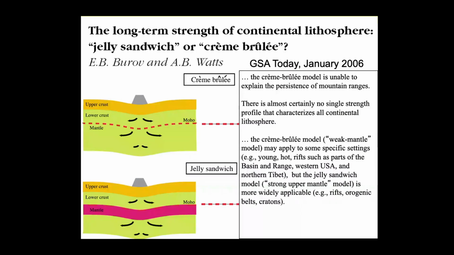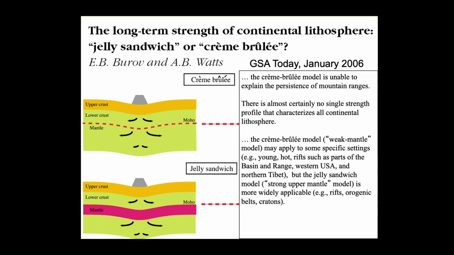There was an article entitled "The Long-Term Strength of Continental Lithosphere: Jelly Sandwich or Creme Brulee?" Up top, you're seeing the creme brulee model where there's no strength below the upper crust. And below that is the jelly sandwich model where there is strength.